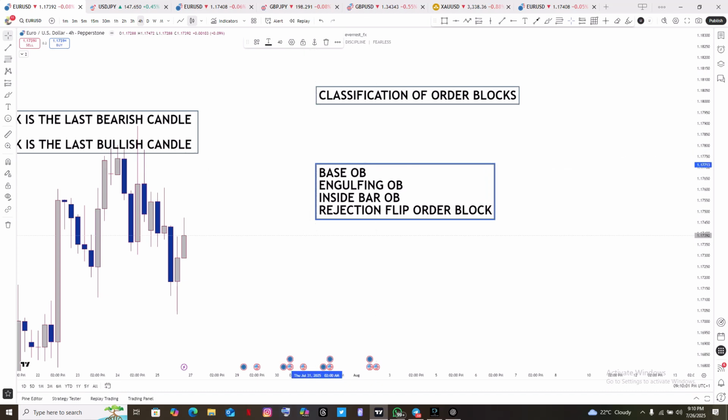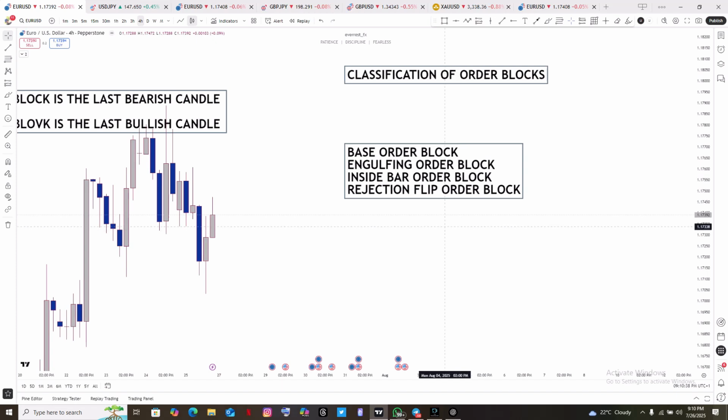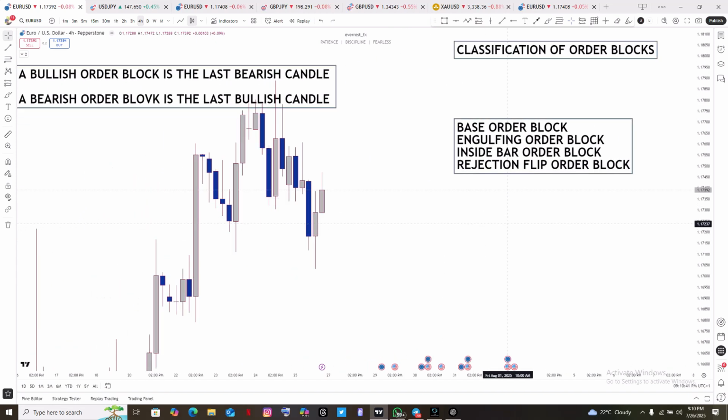Let me write it complete, in case some are confused. So we have the base order block, the engulfing order block, the inside bar order block, and the rejection flip order block. I'm going to explain what each of them is.